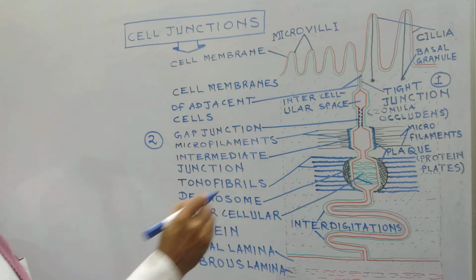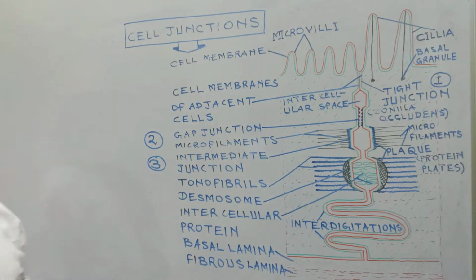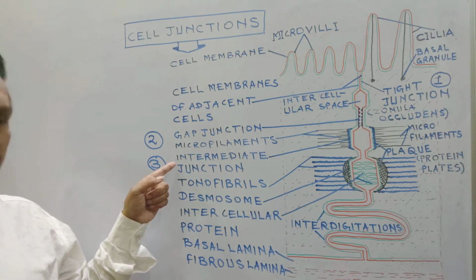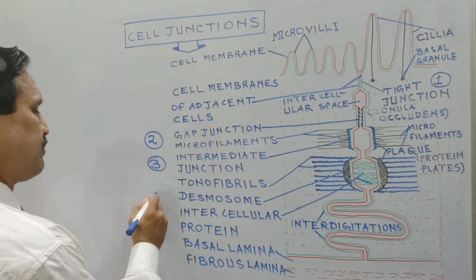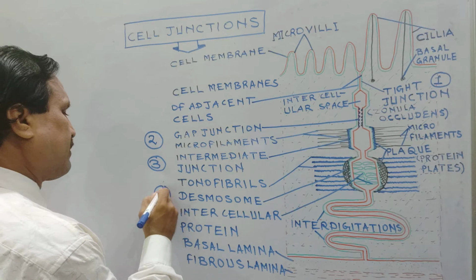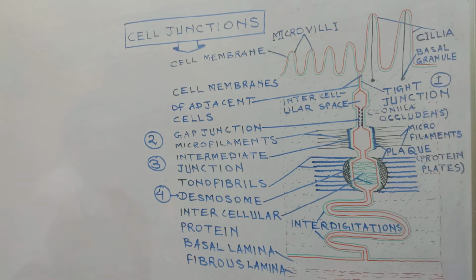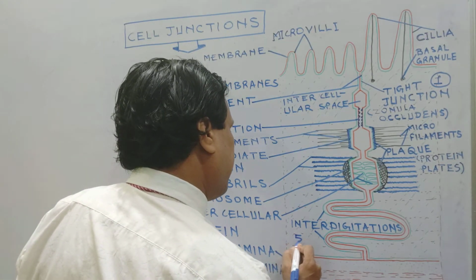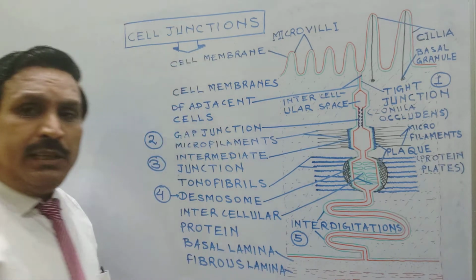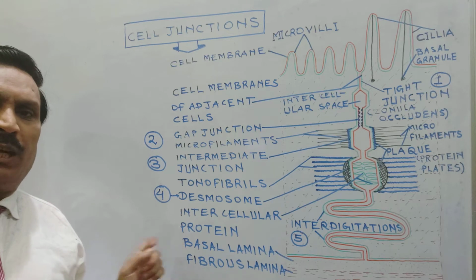Then junction number 3, intermediate junction. After junction number 3, junction number 4, desmosome, and after desmosome, junction number 5. These are 5 junctions labeled in the diagram.